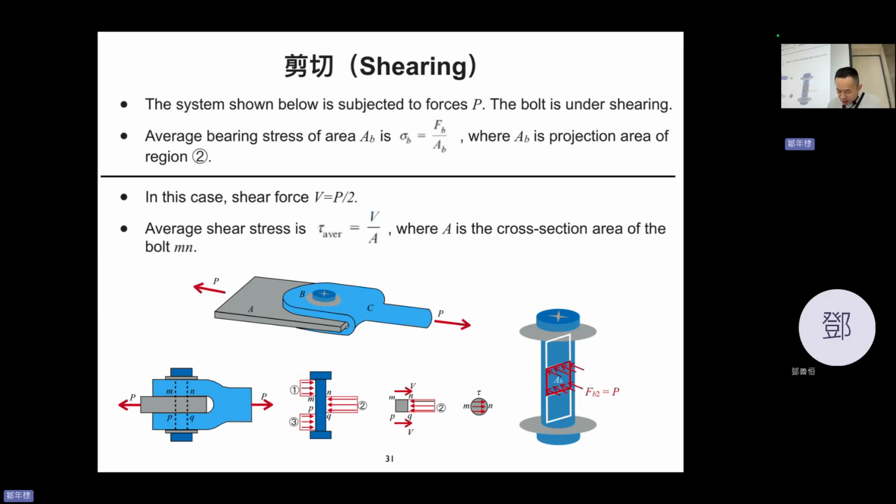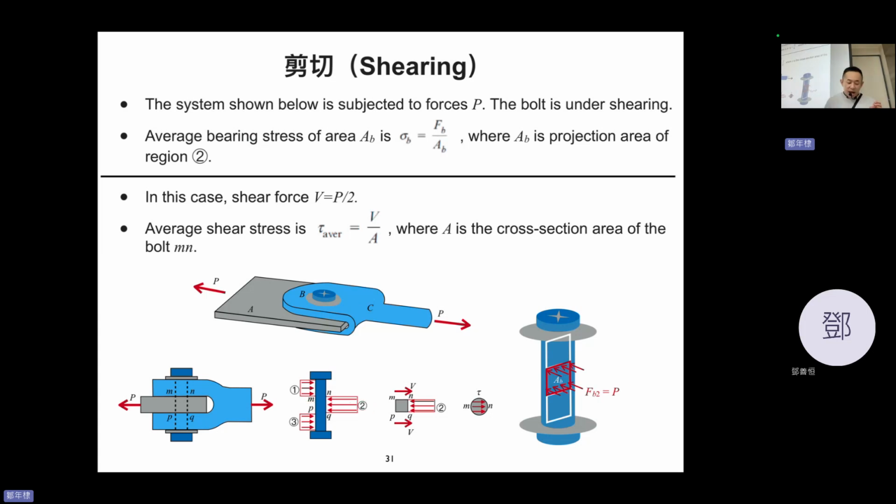And you can imagine that this P going to the right, so it applies force 1 on the bolt, force 3 on the bolt, but the gray part applies force 2 to the bolt. And you notice that 1 and 3 are to the right, 2 to the left. All right.